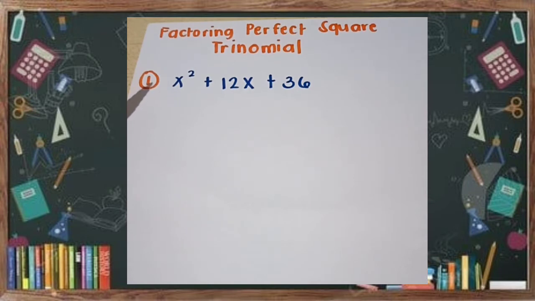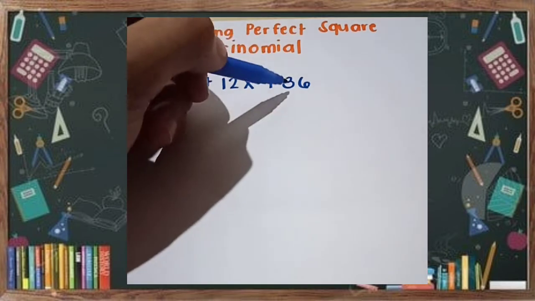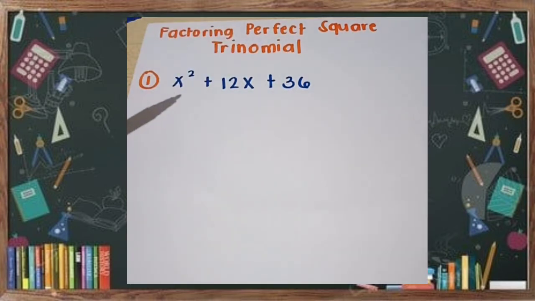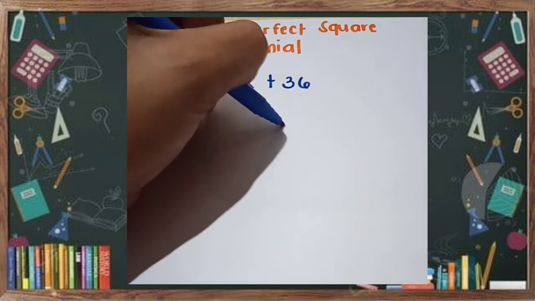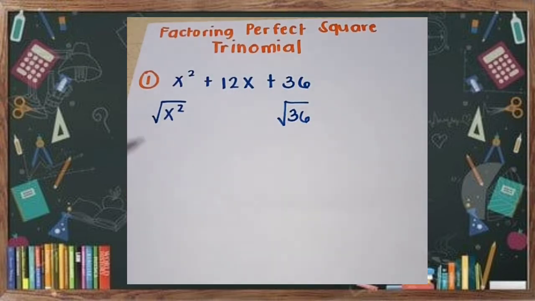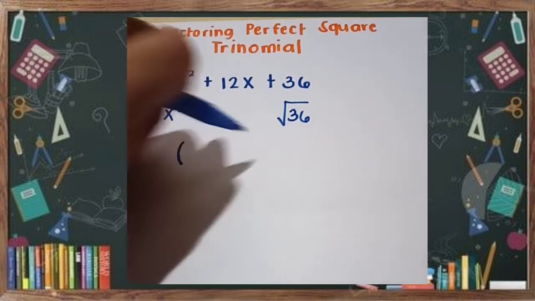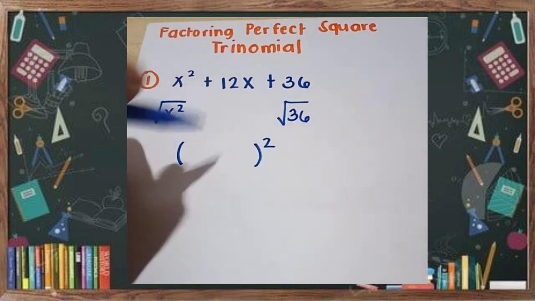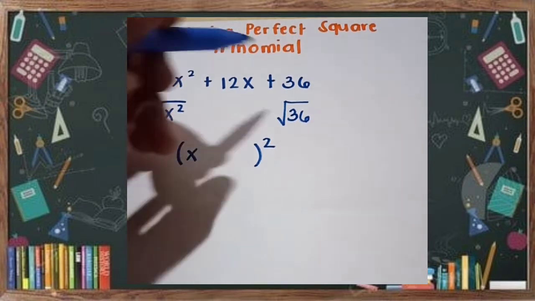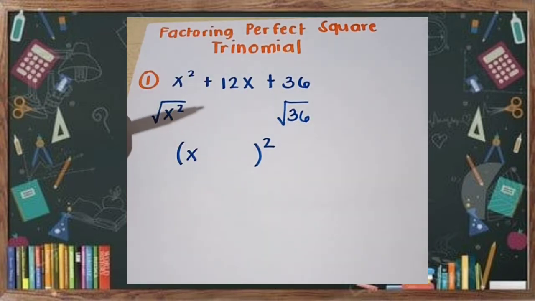First, we need to determine the square root of the first term and the last term or the third term. So, square root of x squared and square root of 36. Yan na ilalagay natin dun sa ating square of a binomial. Okay, so what is the square root of x squared? So, yun ay x. Then, what is the square root of 36?